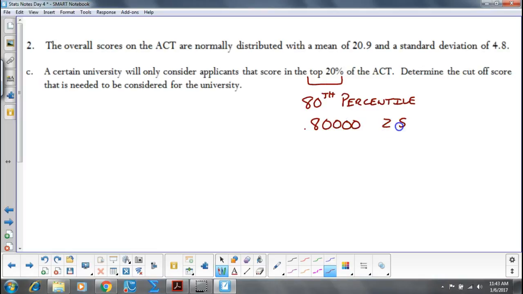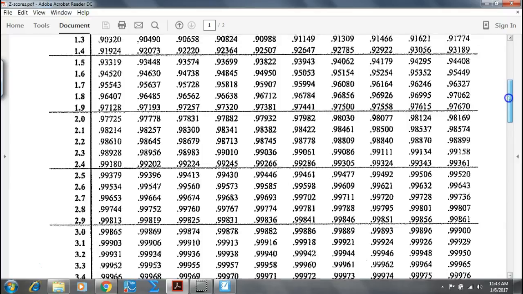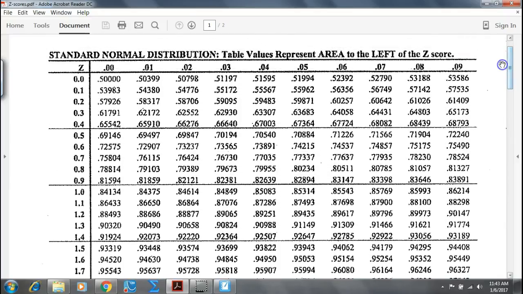So what's the z-score associated with 0.8? 0.84?